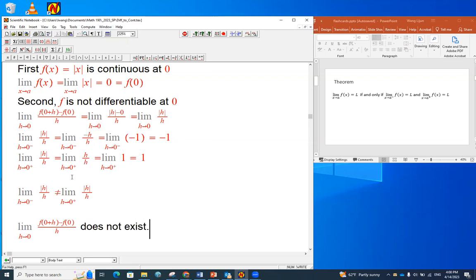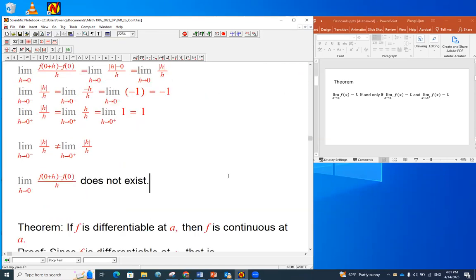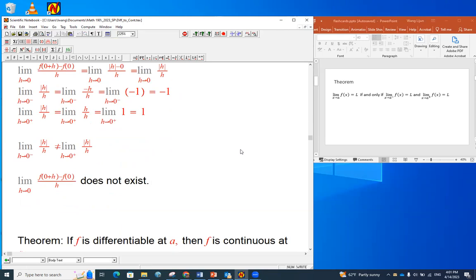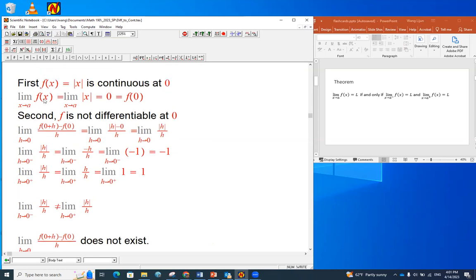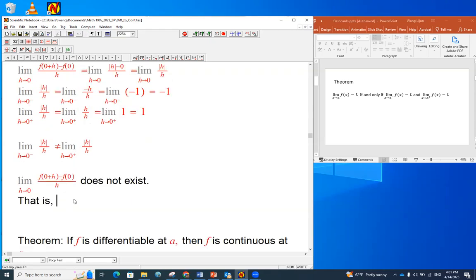And if this limit does not exist, by the definition of differentiability, the function is not differentiable. This function is not differentiable at 0.